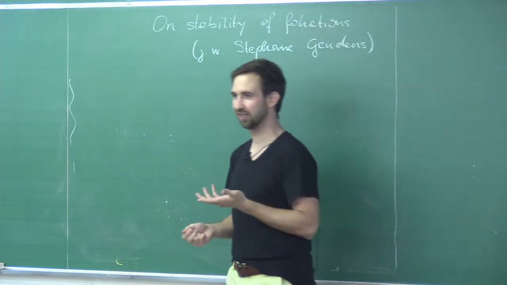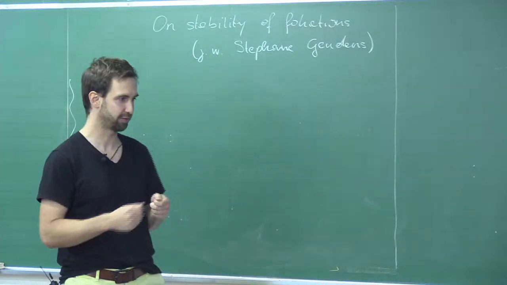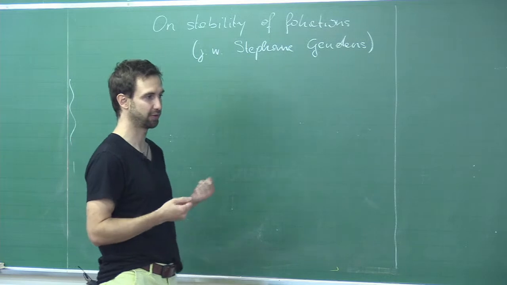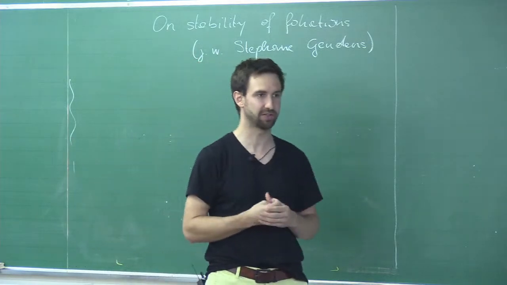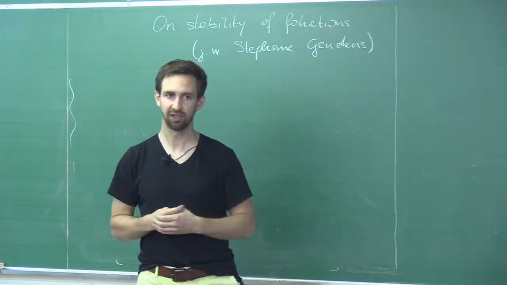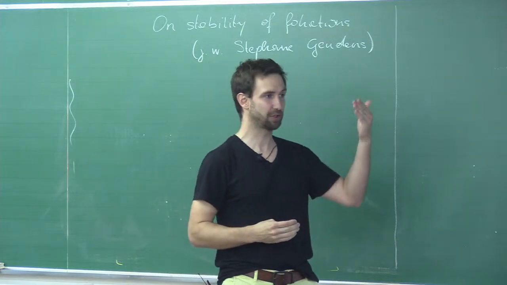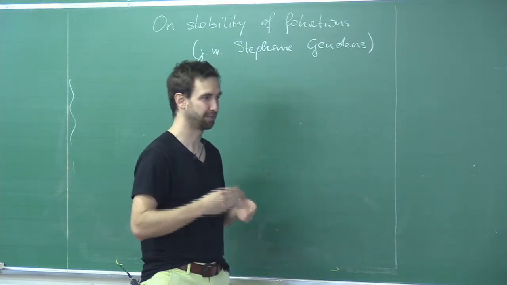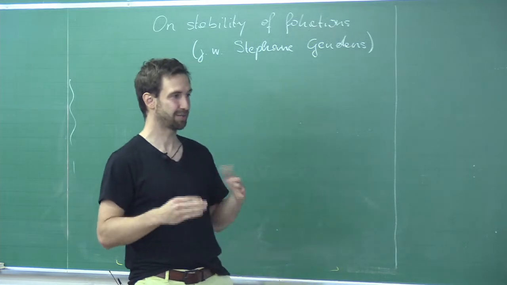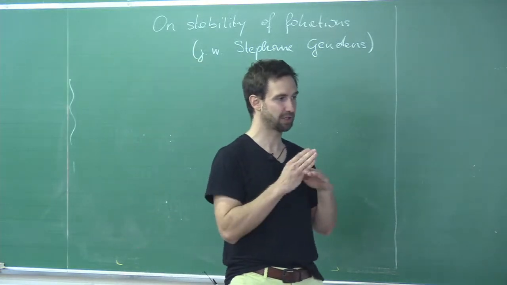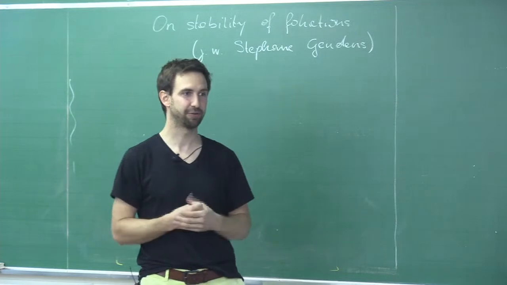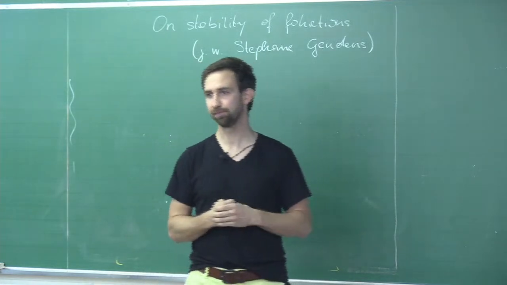So we actually started by wanting to understand the deformation problem for co-isotropic submanifolds in symplectic manifolds. And there you have the local model, and so locally you can understand them around the co-isotropic submanifold by looking at T*F, for F being the characteristic foliation.